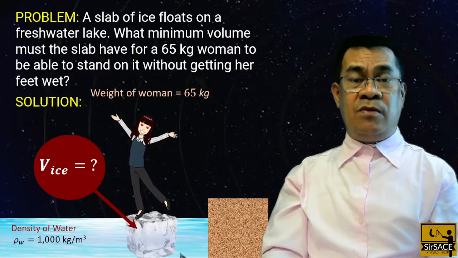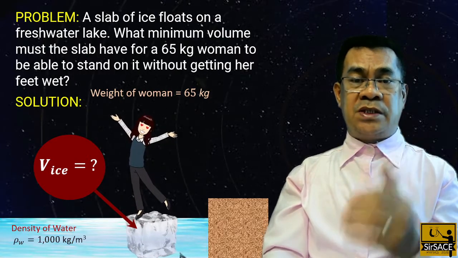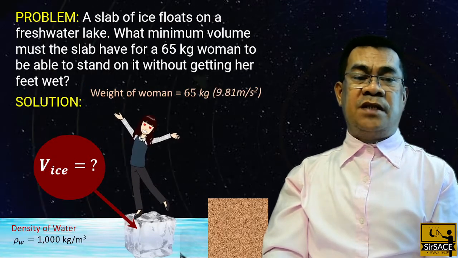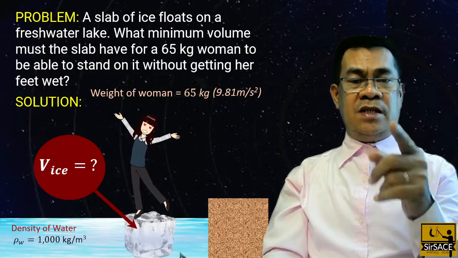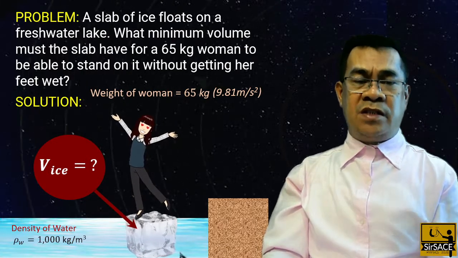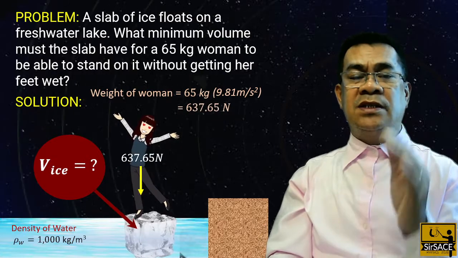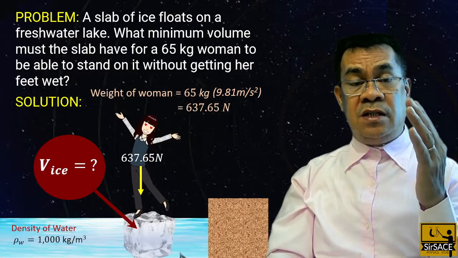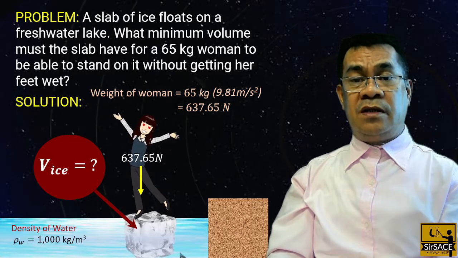The mass of the woman actually produces weight. So one force is the weight, but the mass is in kilograms, so we multiply it with the gravitational acceleration 9.81, and the answer is 637.65 newtons. That is the weight of the woman.